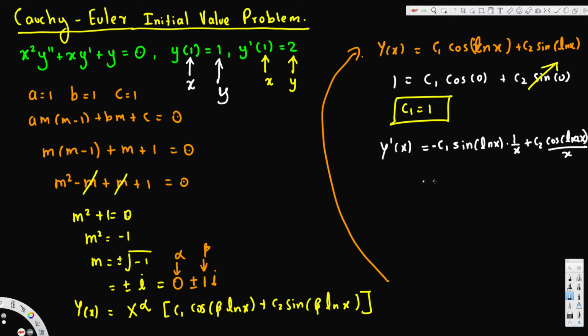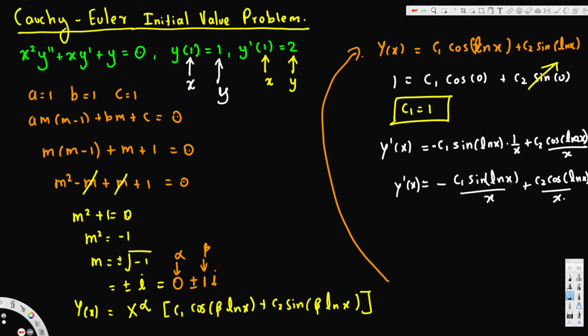Now let's write this in a better way. y prime of x is equal to minus C1 sine ln x divided by x plus C2 cos ln x divided by x. Okay, now I plug y prime of 1 for this one.